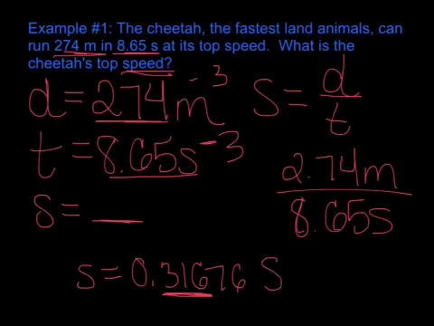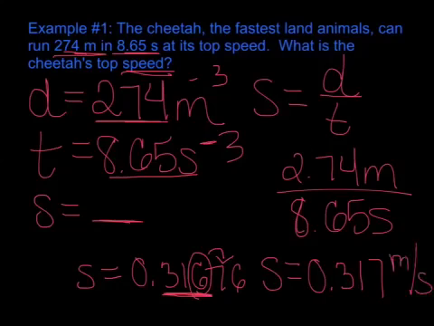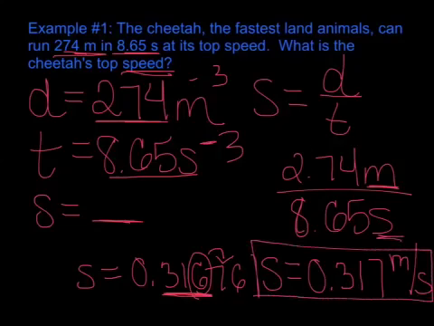So my final answer I write as 0.317. I rounded the 6 because the number next to it was greater than 5. My unit is meters per second. Meters for distance, seconds for time. Put a box around my answer, and now I am done.